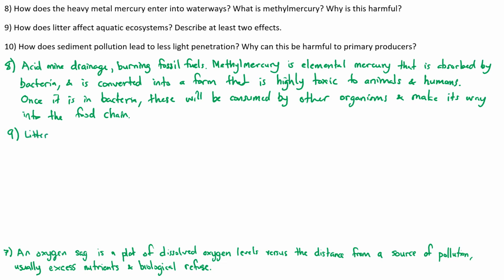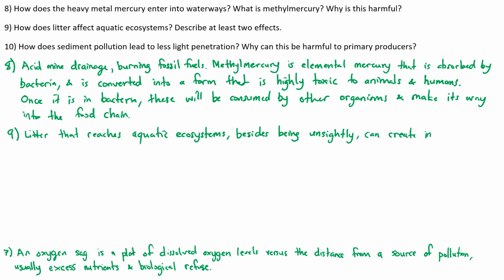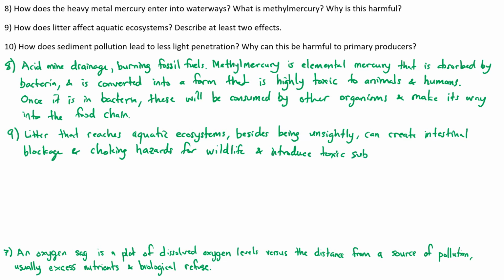So, litter that reaches aquatic ecosystems, besides being unsightly, can create intestinal blockage and choking hazards for wildlife and introduce toxic substances to the food chain.